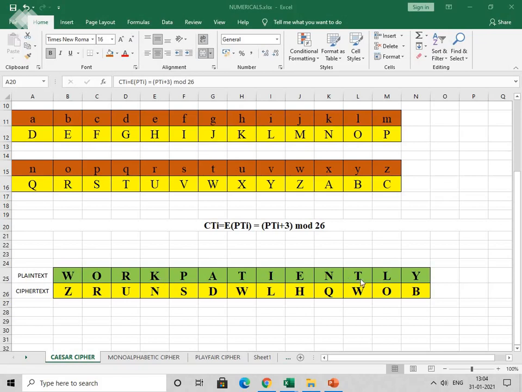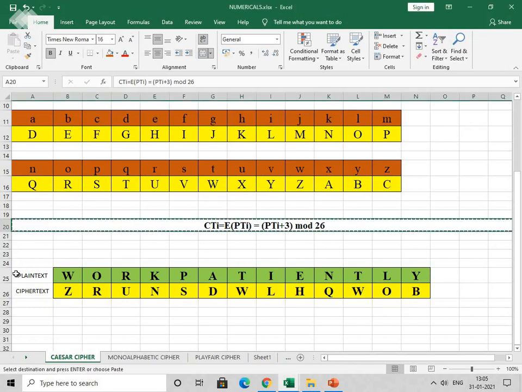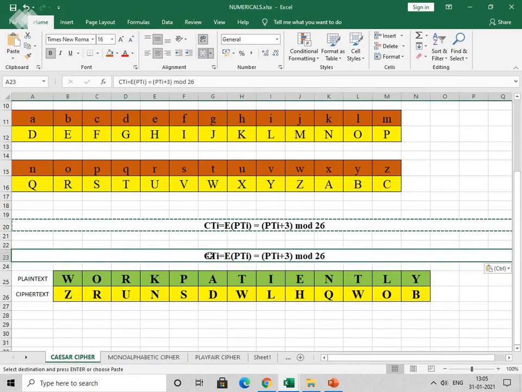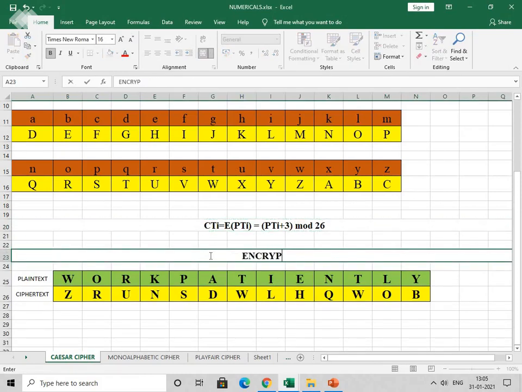For W, we are going to replace it by Z. For O, we replace it by R. For R, we replace it by U. For K, we replace it by N. Next, for P, we replace it by S. For A, we replace it by D. In this way, I got this cipher text. So this is your encryption process.